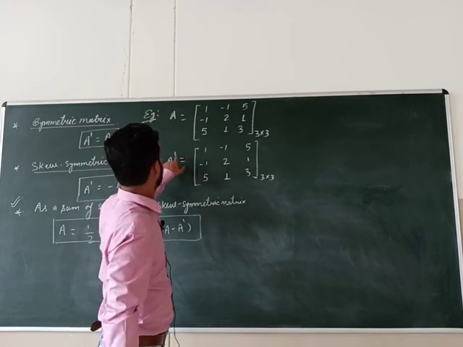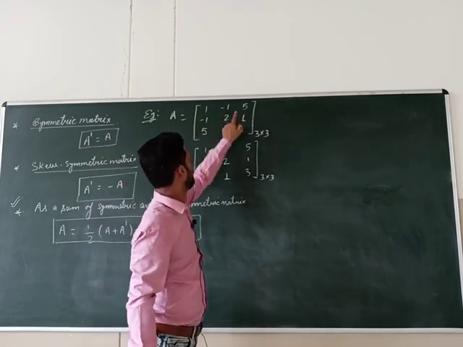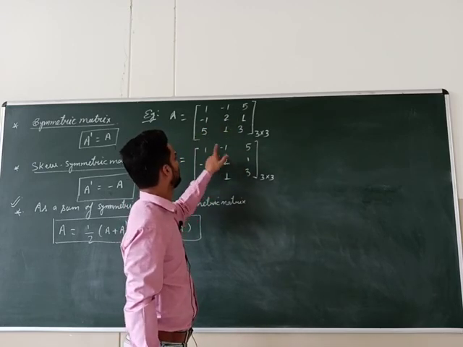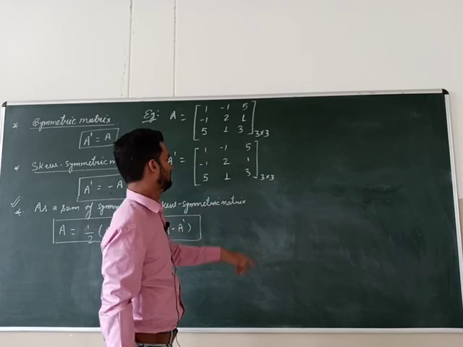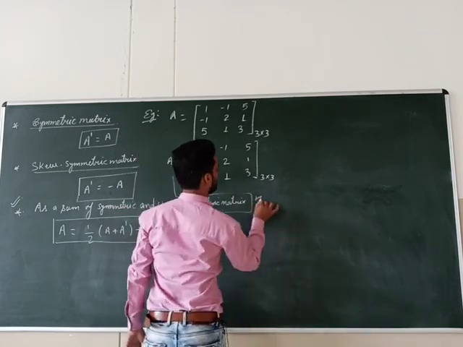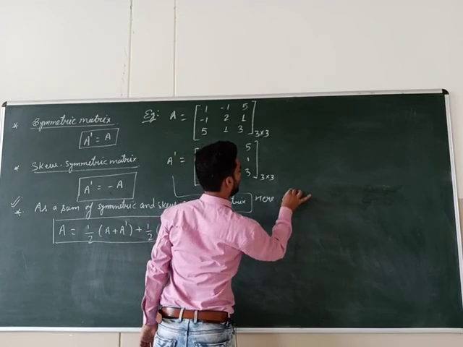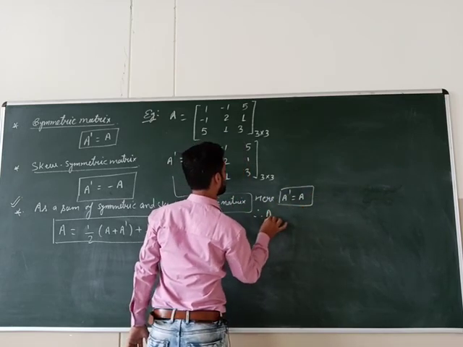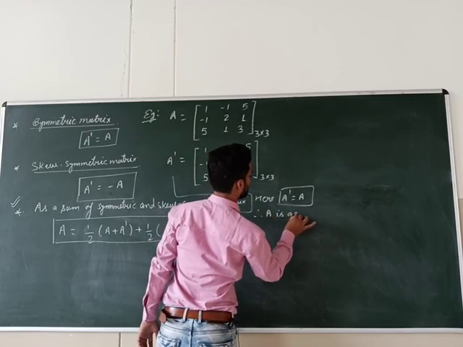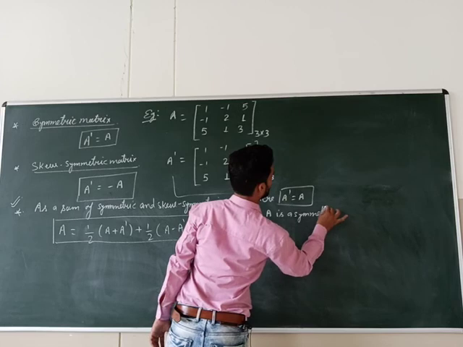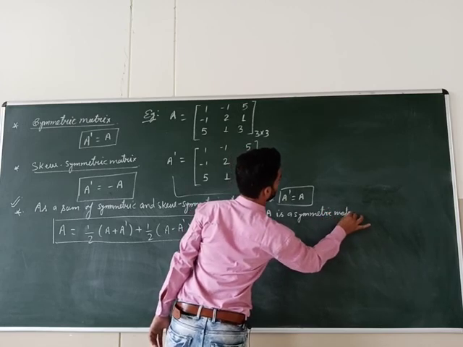Now you see, A and A dash are the same. Here we write A dash is equal to A. Therefore matrix A is a symmetric matrix.